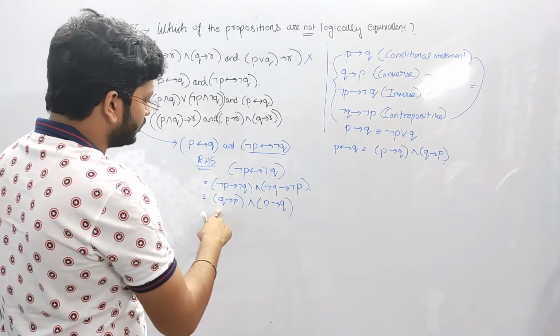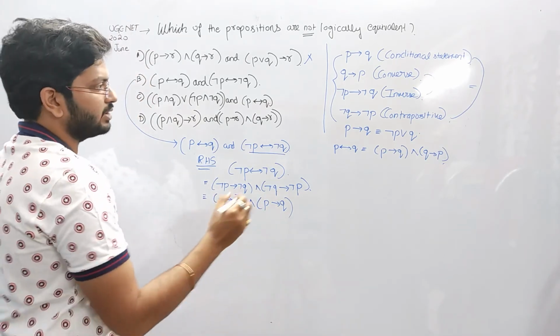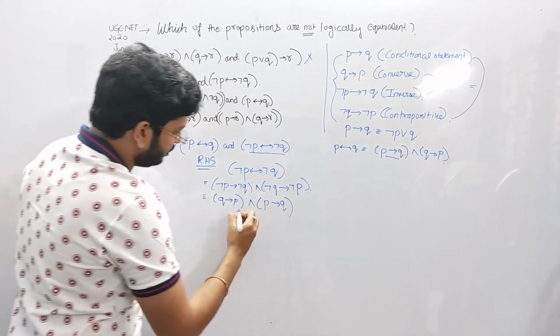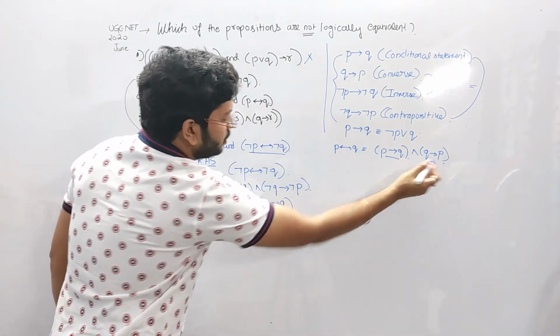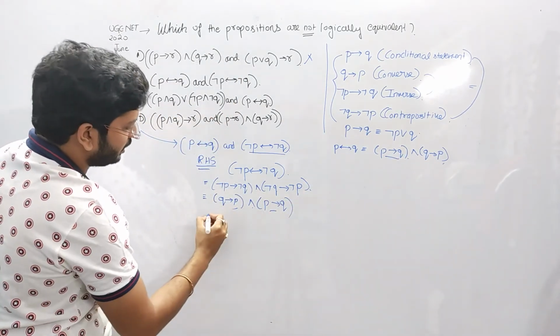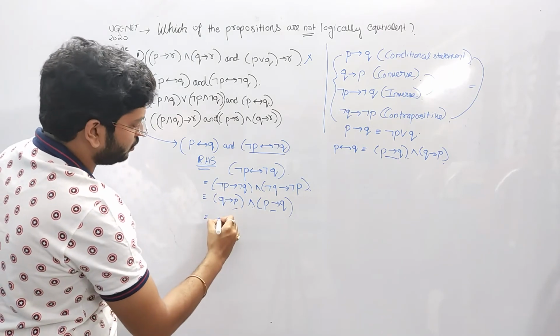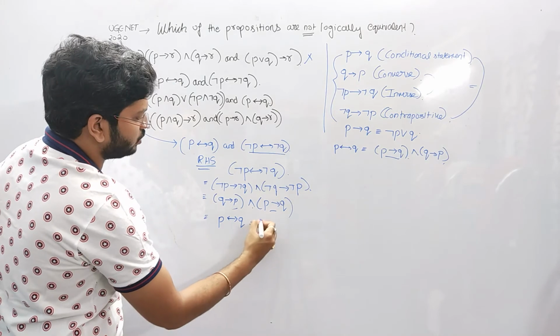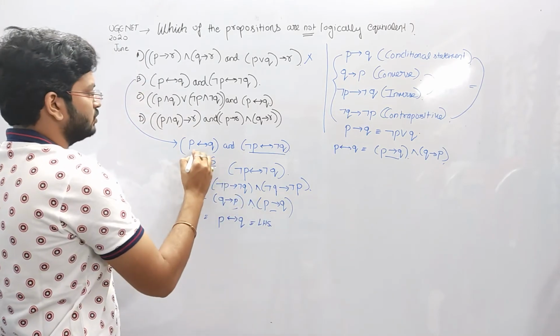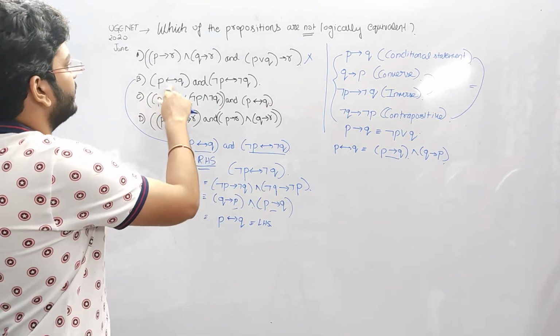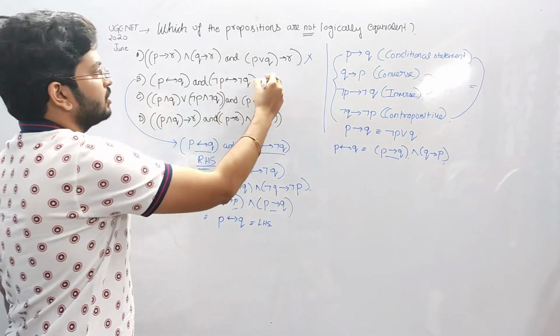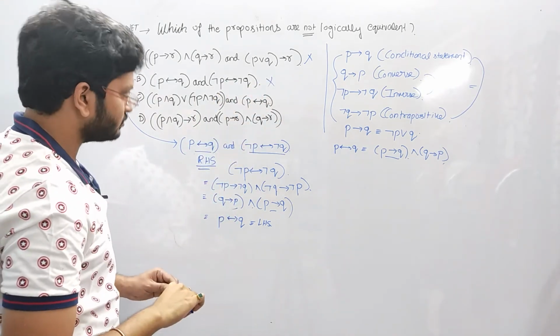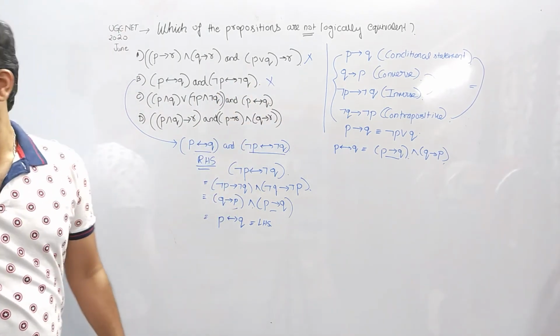P implies Q and Q implies P is simply the formula for biconditional. See, P implies Q, and Q implies P, and this will simply be equivalent to P double implies Q, which is equal to our LHS. This one is LHS. So this one and this one are logically equivalent. It is also not our answer. Now coming to the third one.